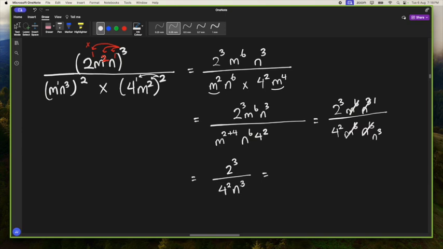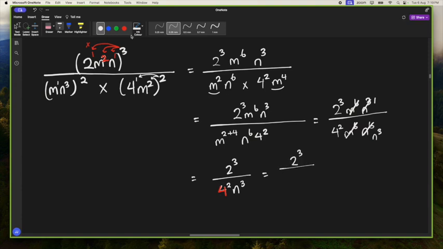Right? So the n can't cancel with anything again, but guess what? This could cancel, because what is 4? Right? And you'll have to use this piece of skills just now. I have 2 cubed over.